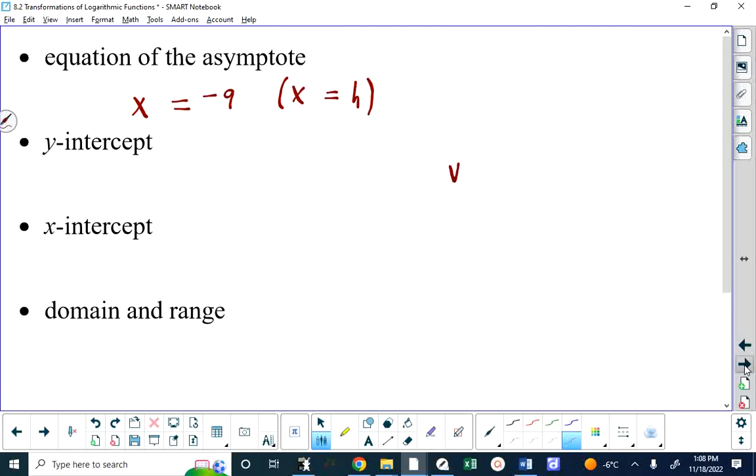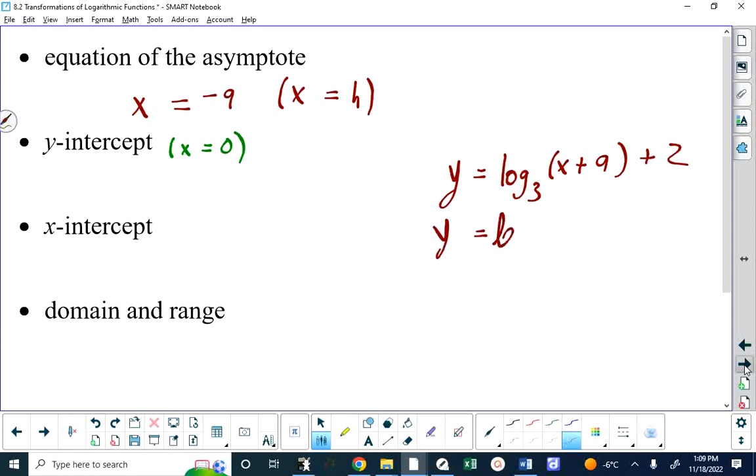But yes? Okay. A y-intercept is where x equals 0. So if I load 0 in here, that's the y-intercept.